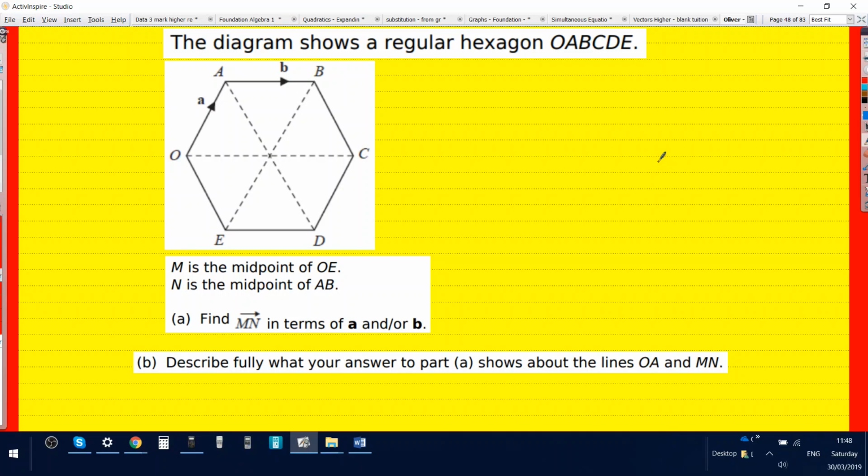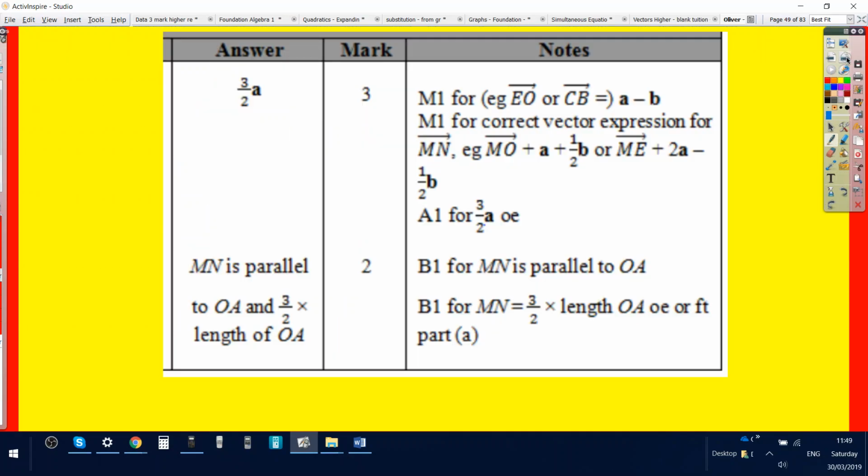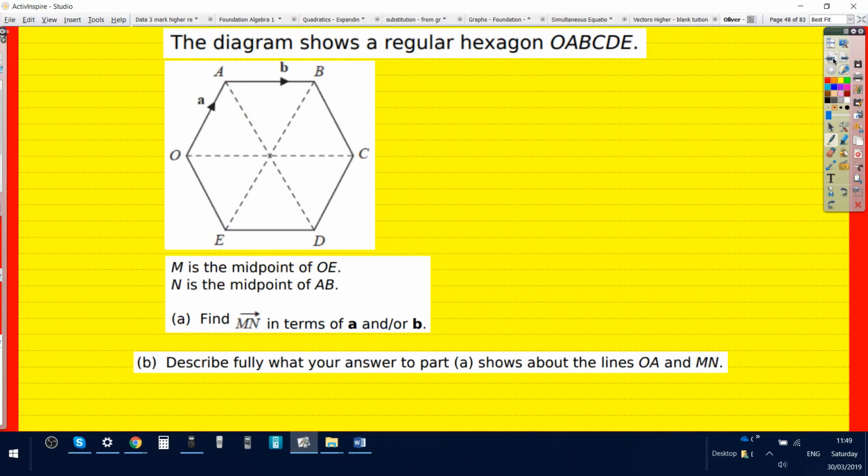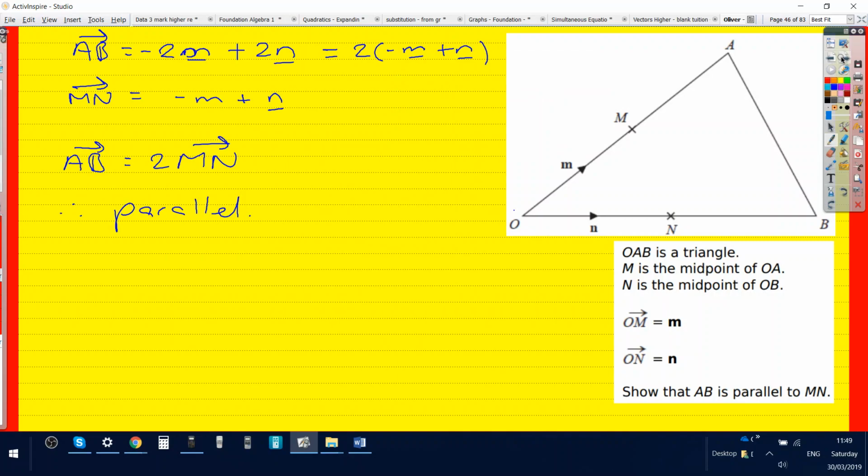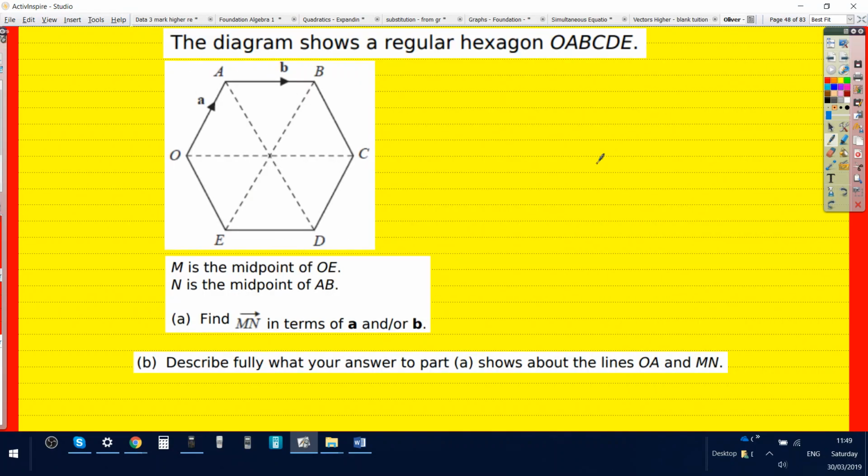Oh, A, B, C. Wait, where's M and N? I think I must have done the wrong one, did I? I think it's just the same as the previous one. What were we supposed to show are parallel?